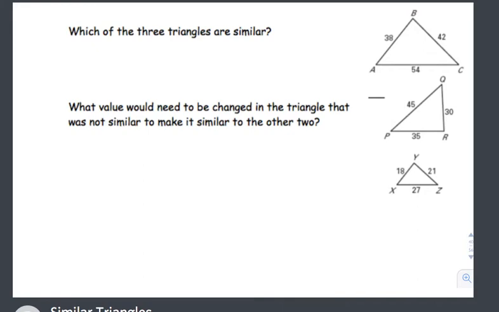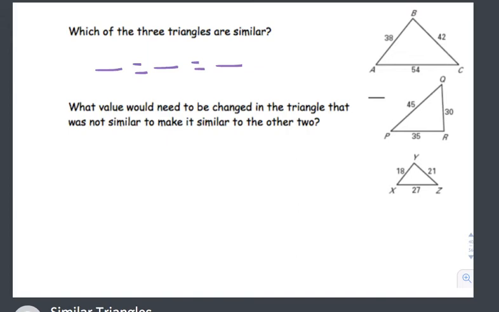Here it says which of the 3 triangles are similar. So we would have to be comparing the corresponding side sets. And if we look at this first one and we're reducing, when you do this, you do need to put them in order. I like to start with the short side length, and then the medium side, and then the long side.